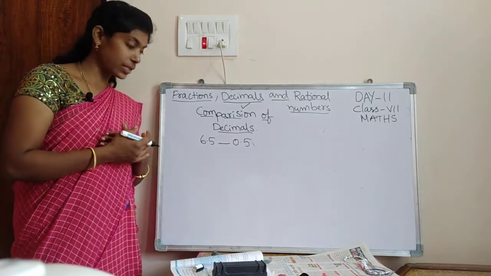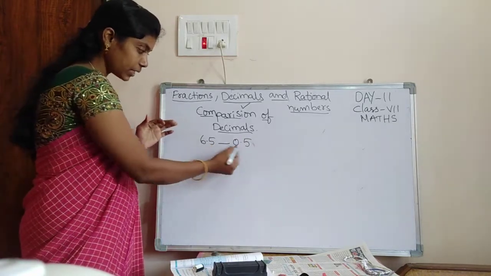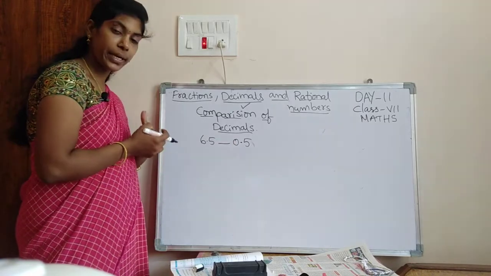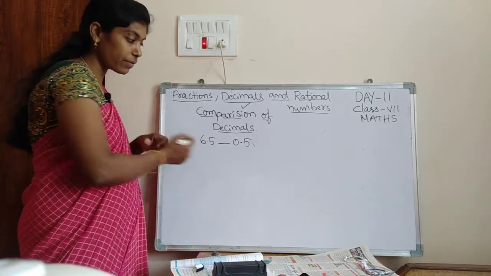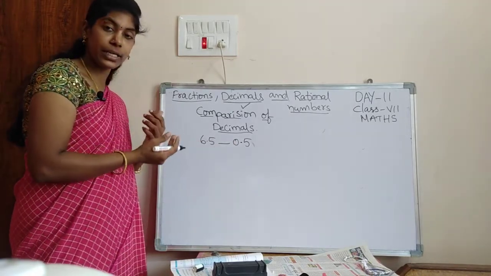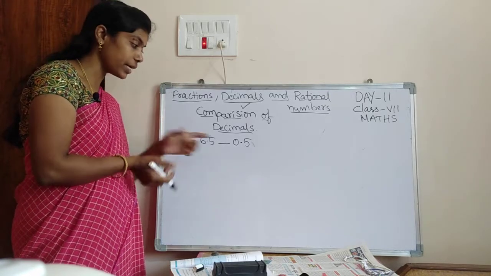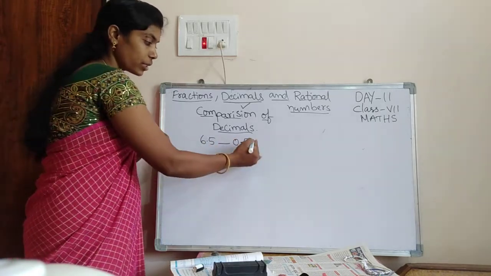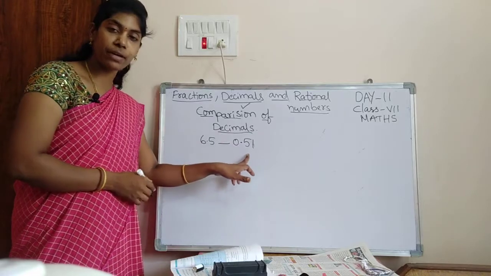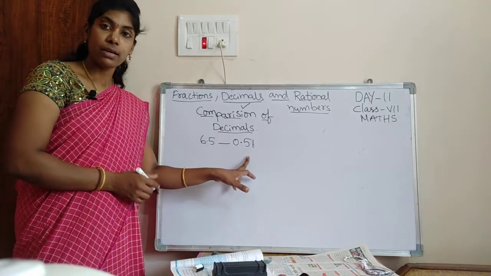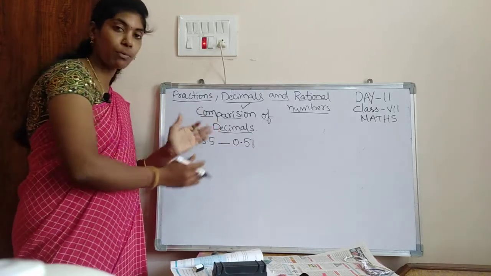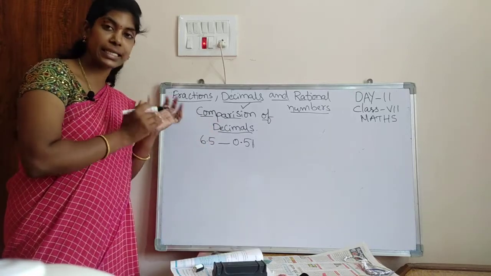First, very important, see how many digits are after the decimal point. When we read decimal numbers, we should not read 0.51 as fifty-one. After the decimal point we should read each as a single digit.